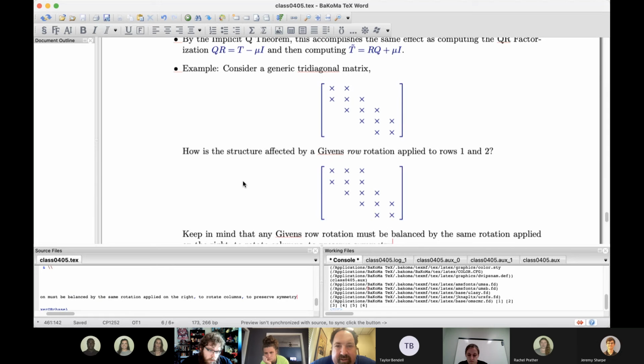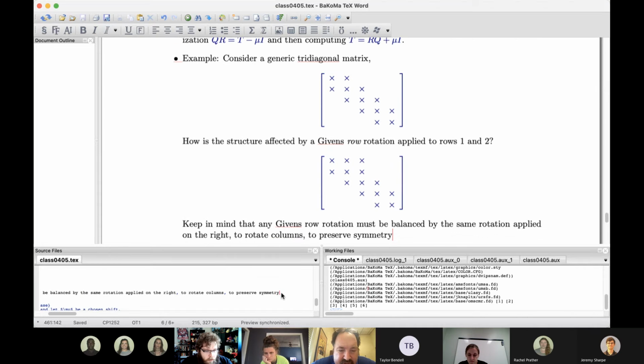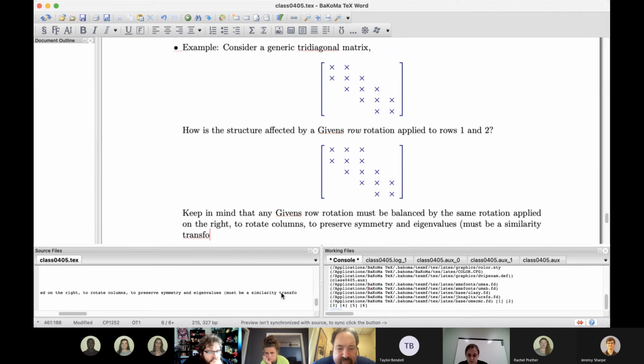Also, not just preserving symmetry, you have to be performing a similarity transformation. Any time you multiply on the left by a certain matrix, you have to multiply by the inverse of that matrix on the right.